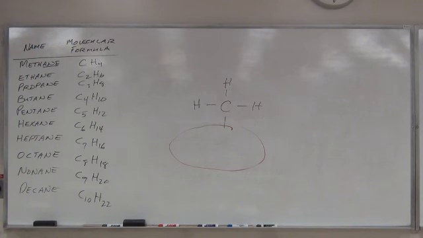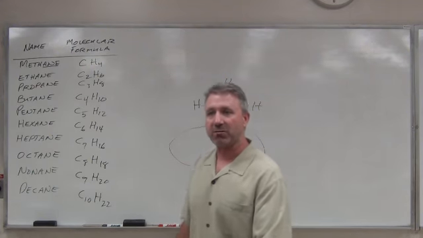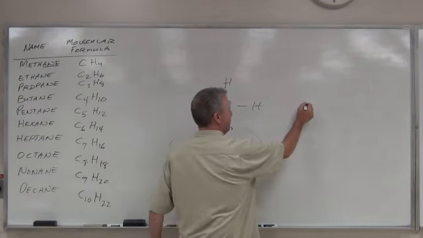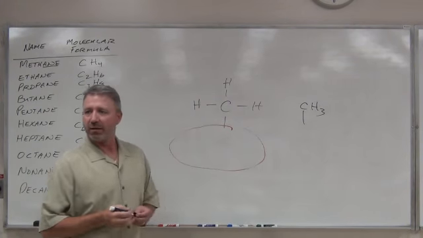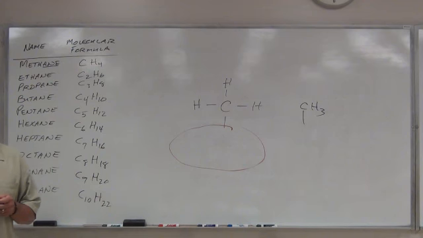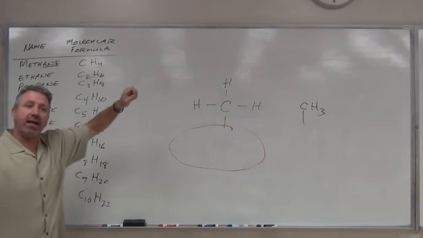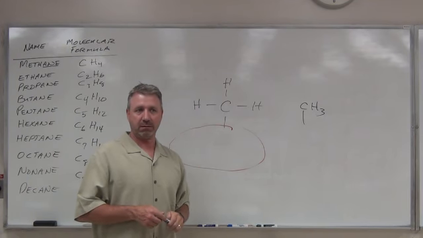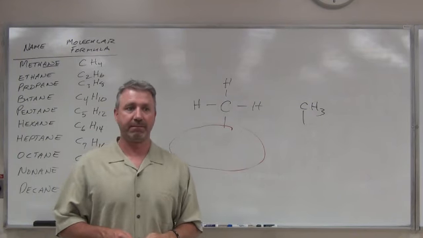But when I remove a hydrogen, I now have CH3, and then I have an attachment point where the fourth hydrogen was. So it's not methane anymore because methane is CH4. So I can't call it methane.